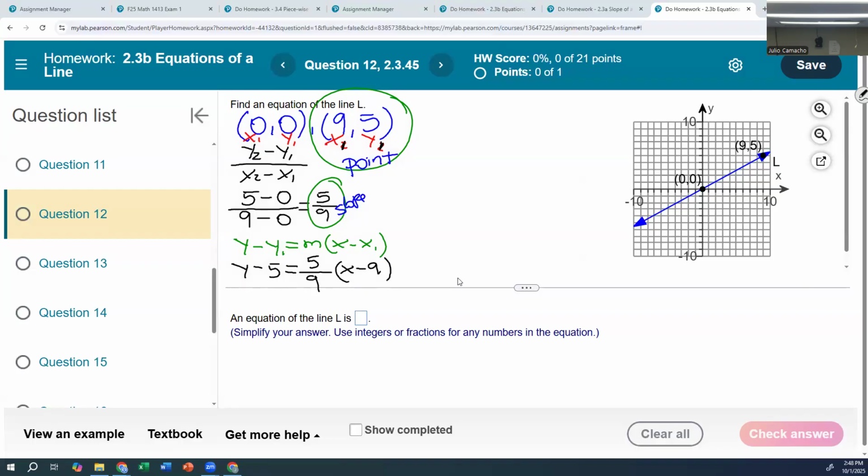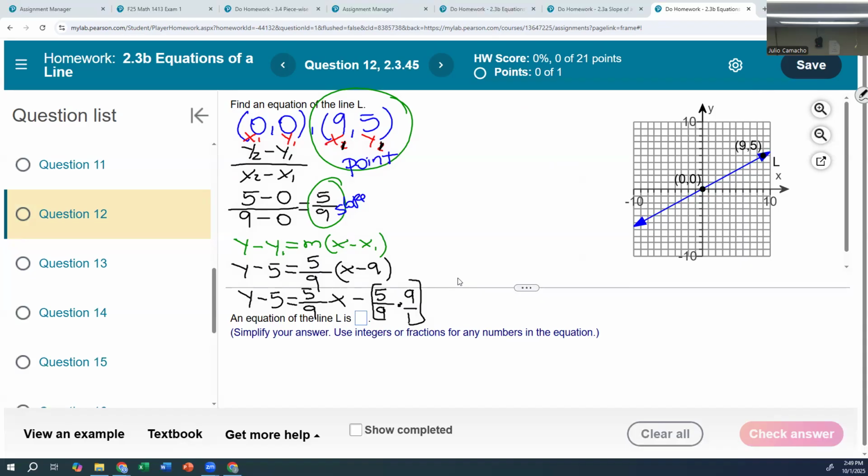So again, I need to multiply. You're multiplying the slope, positive 5 over 9, by the number that is in the parentheses, a 9. But that is like a 9 over 1.